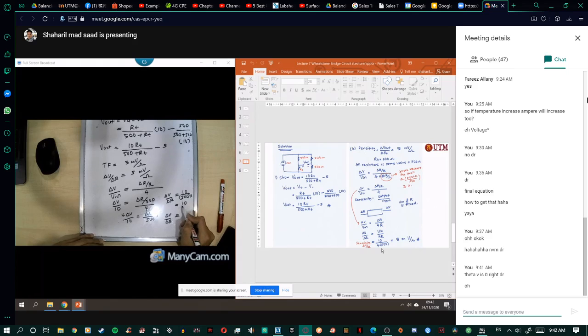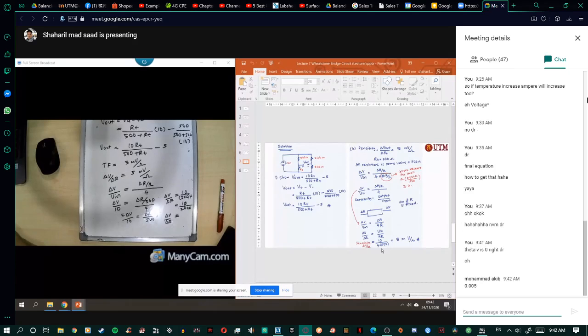So 10 divided by 2000, right? Okay. So 1 divided by 200. That's why you got 5 millivolt here. Okay. So the sensitivity of this Wheatstone bridge is equal to 5 millivolt. Okay. All right. Good.